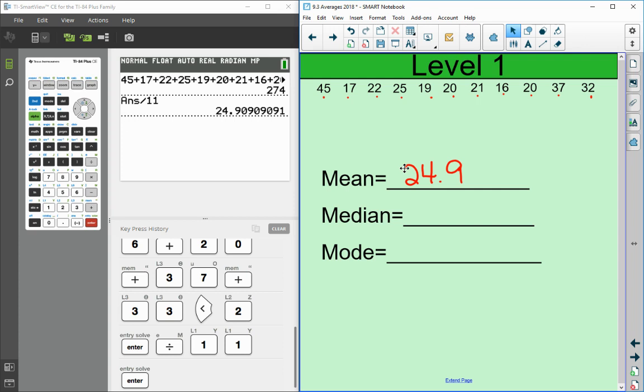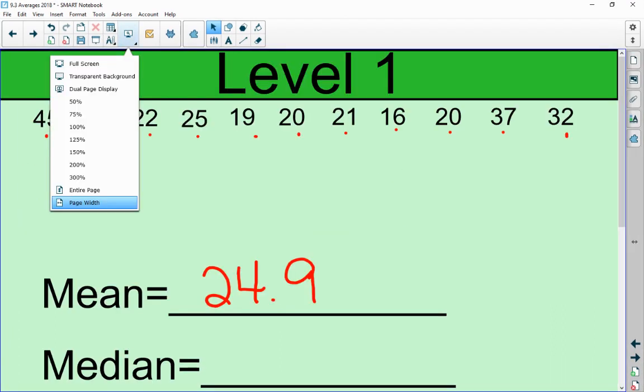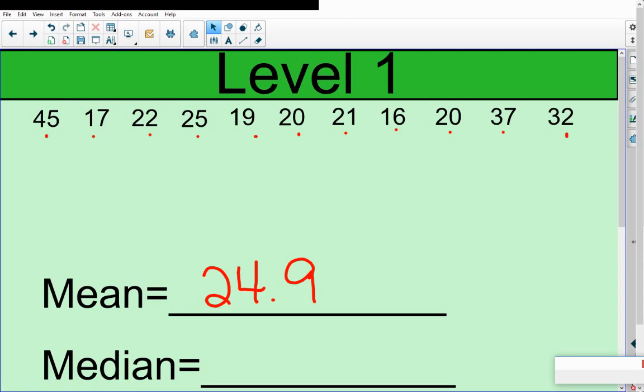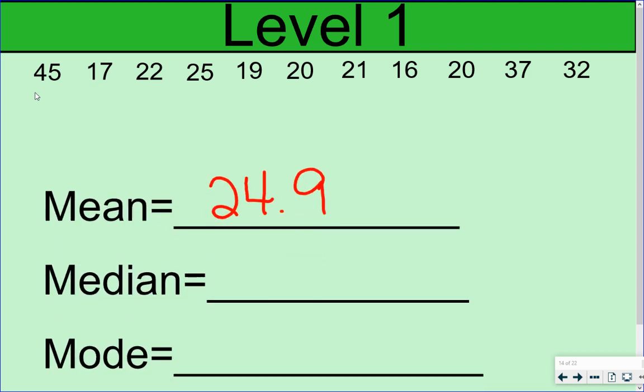Okay, next, and I won't need my calculator anymore, so I am going to exit out of that, and I'm going to make this bigger. And the reason I want to do that is because I have this set up so I can move these numbers. Don't you wish you could do that on your papers? Okay, so I have to put them in order to get the median. So here we go.